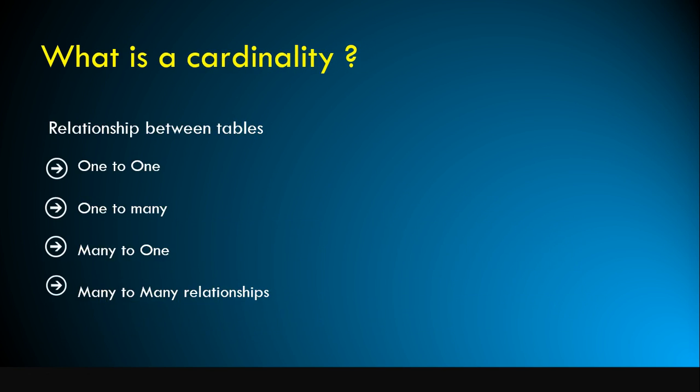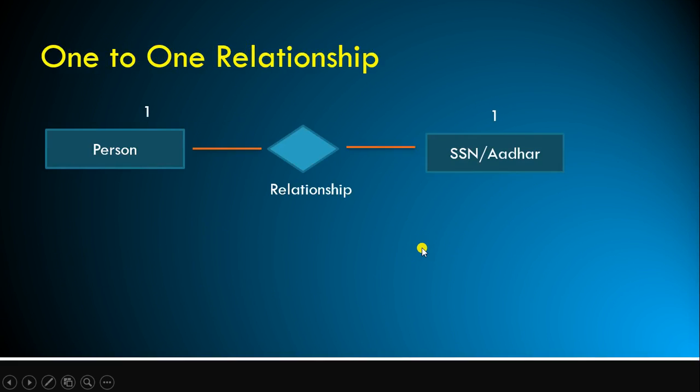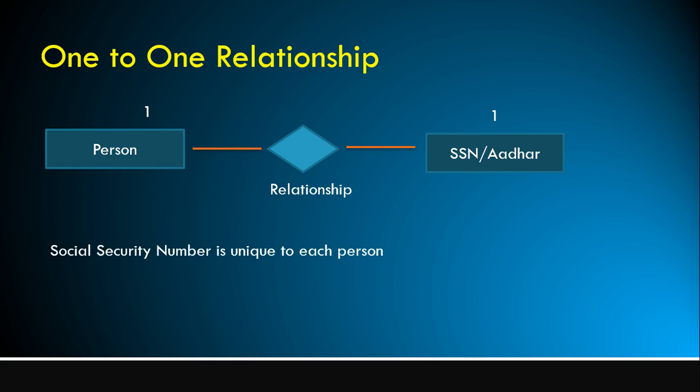There are different types of relationships in the data model. One is one to one, other one is one to many, many to one, and many to many relationship. What is one to one relationship? A single person can have only one Aadhaar number. Or, let's say in the case of salary account, a person can have only one salary account.